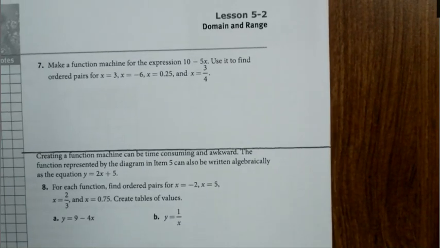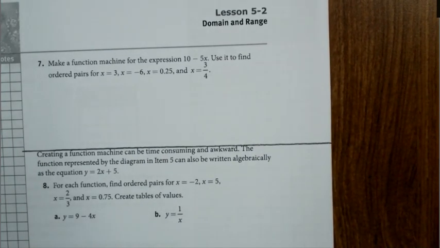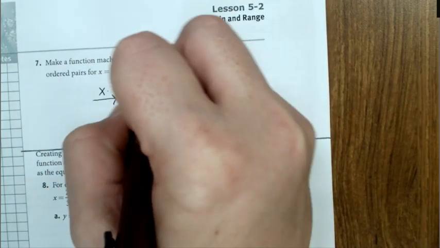Question 7 says, make a function machine for the expression 10 minus 5x. Use it to find ordered pairs for x equals 3, x equals negative 6, x equals 0.25, and x equals 3/4. So input my x.